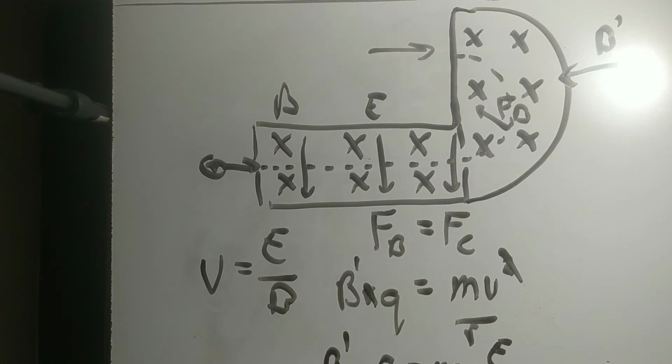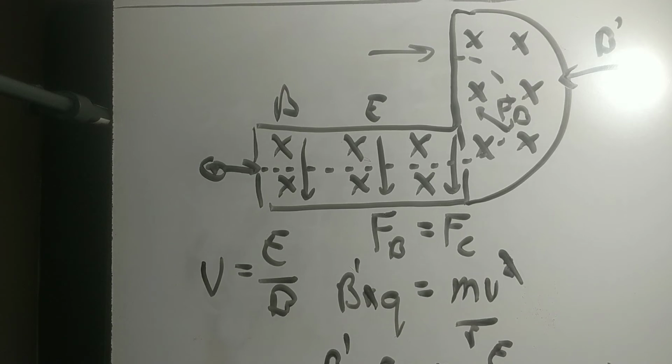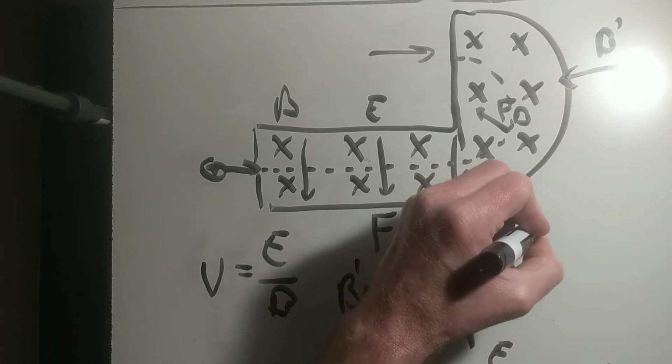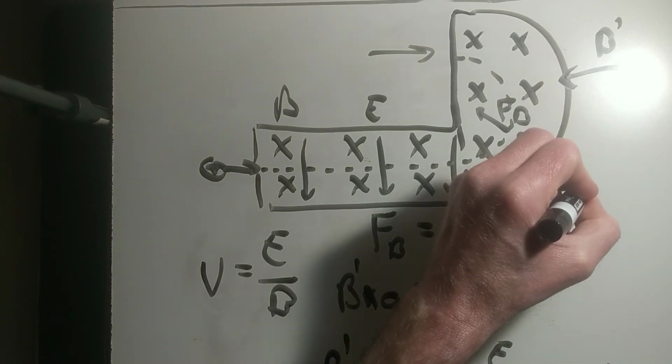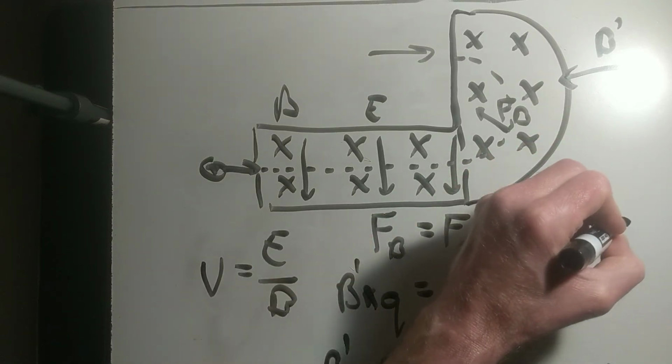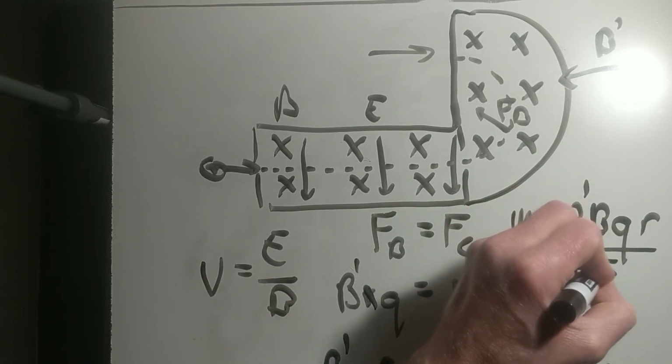And we're starting to see a couple things here. We're starting to see that the radius is proportional to the mass. And that's important because we can sort things out in this regard. And what we're going to see when we pull it all together is that the mass of that particle turns out to be B prime times B times Q times R divided by the electric field.